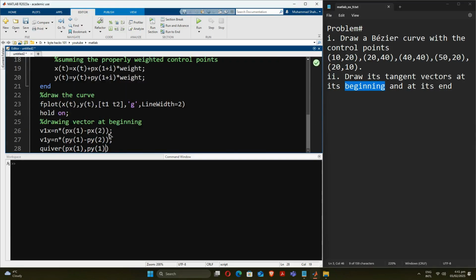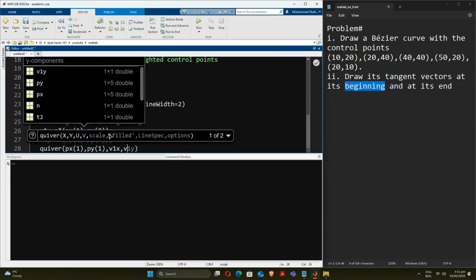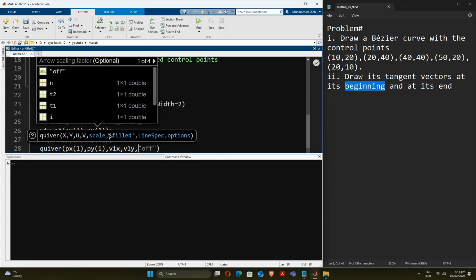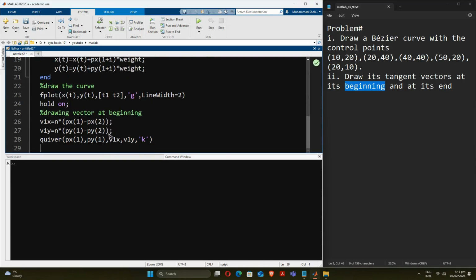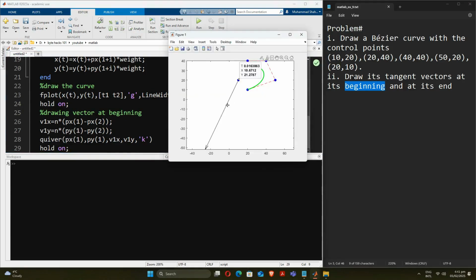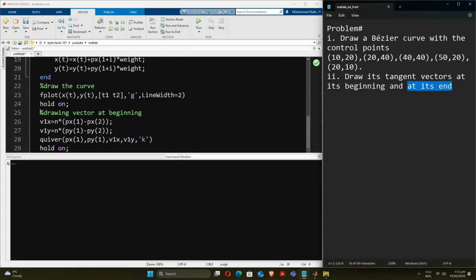And we will use the calculated vector positions v1x and v1y. And I will give it the black color and put hold on here. Now we will run the section. We have the vector at the beginning of the curve, and we need to draw another vector at the end.